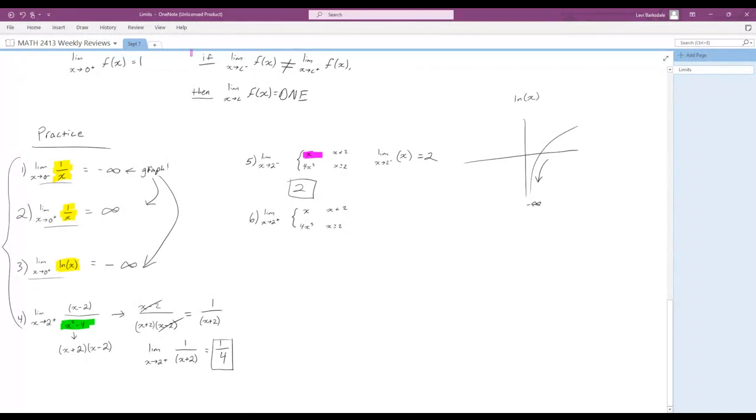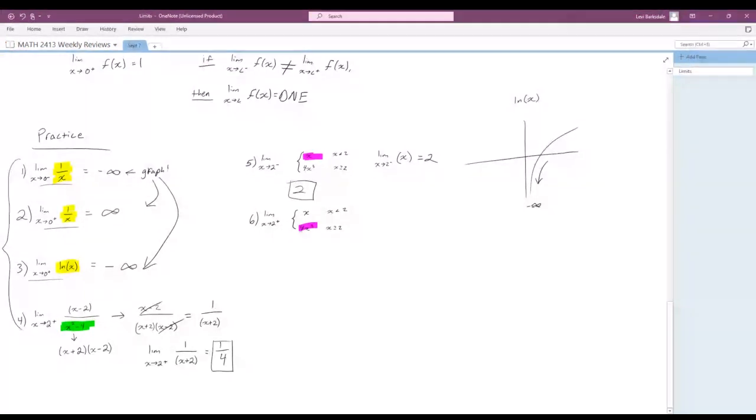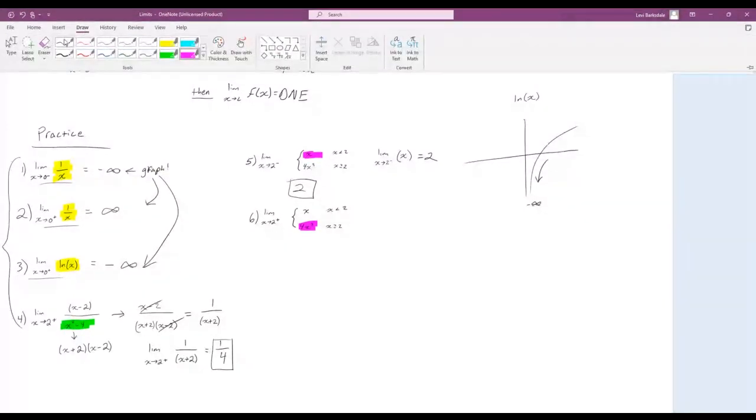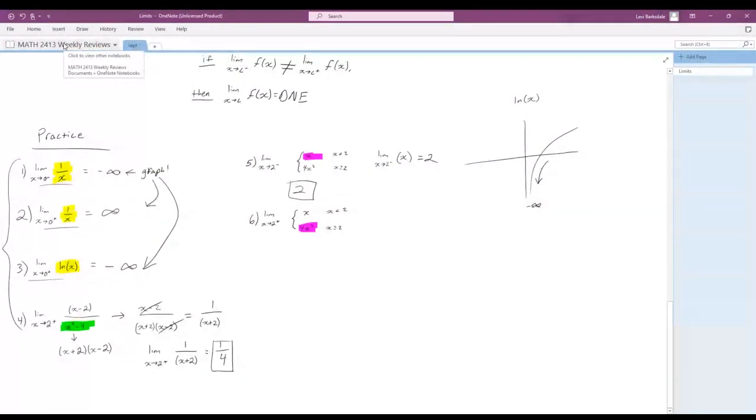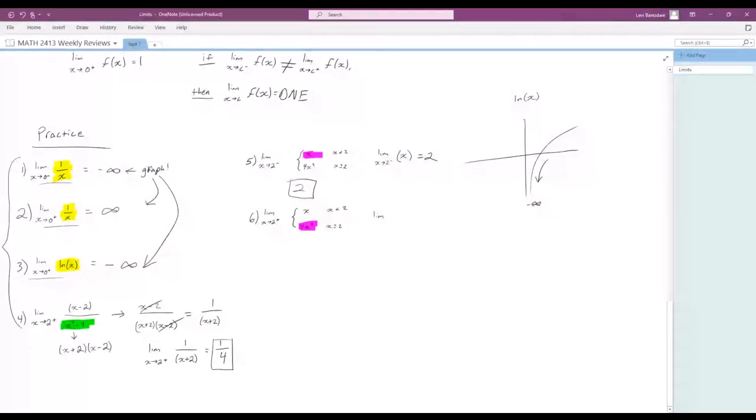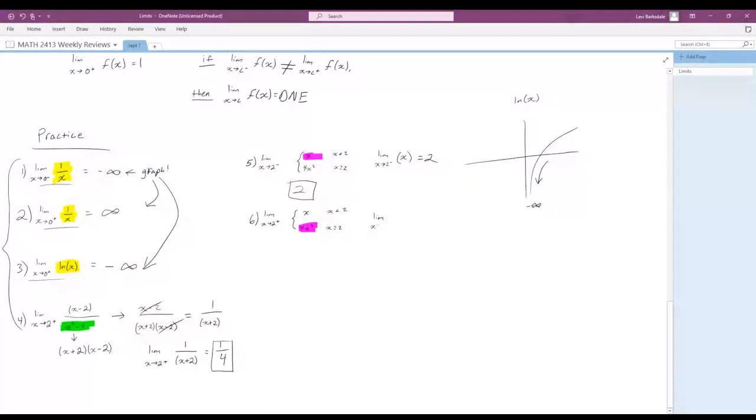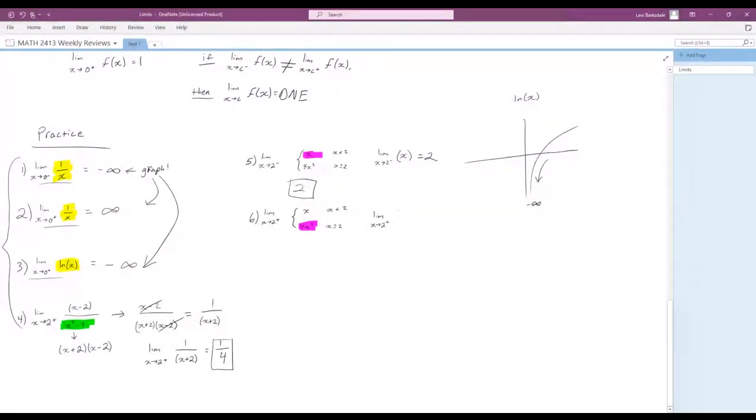Coming from the positive side, it'd be the bottom function. And so you just plug in 2 to the, is that cubed? Yep. Is 8 times 4, 32? Exactly right. That's easy.